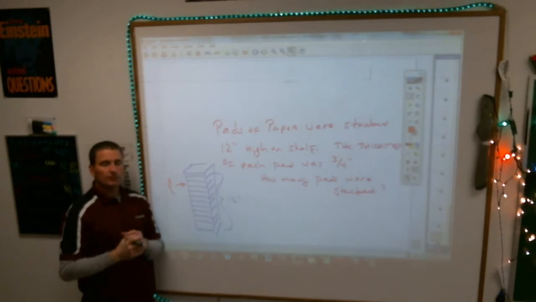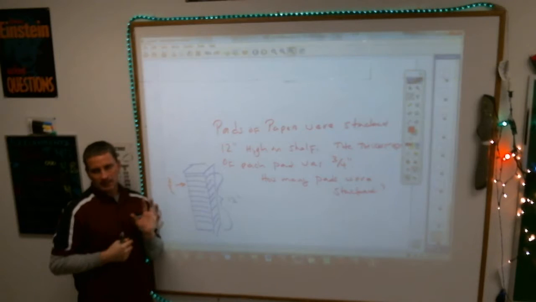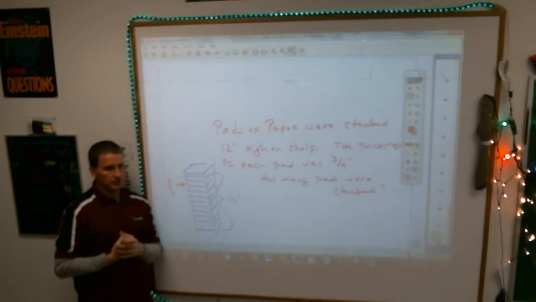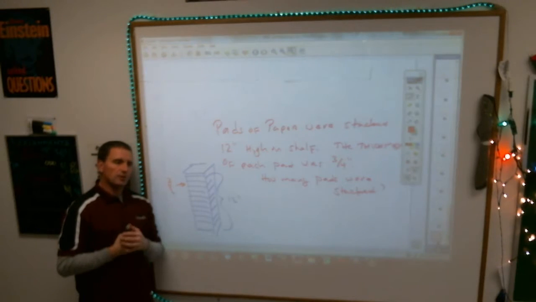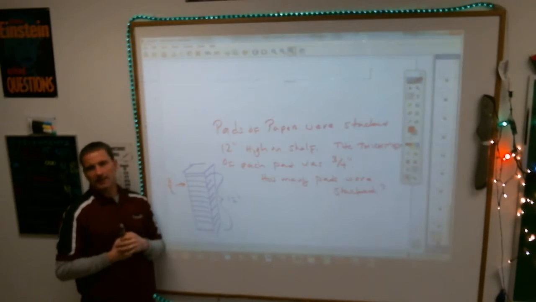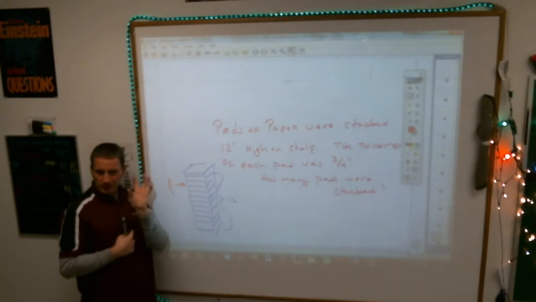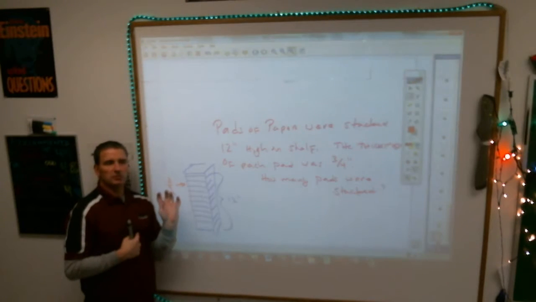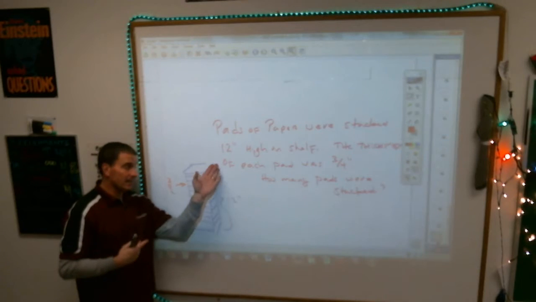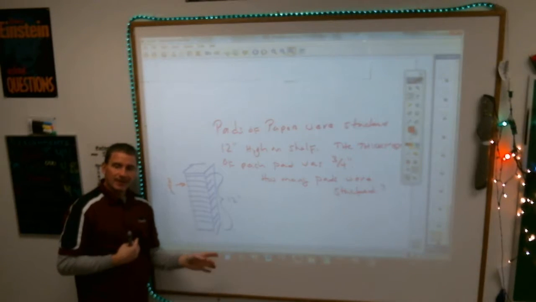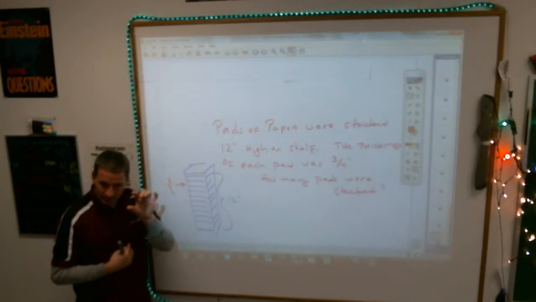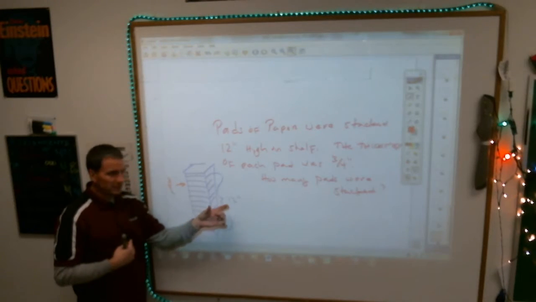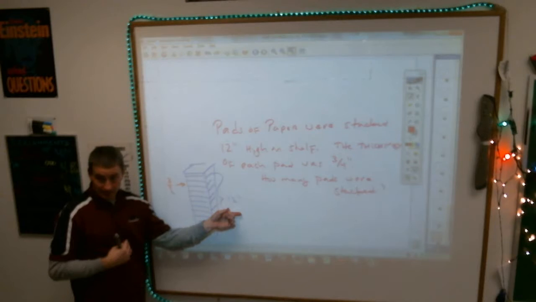Now listen to me. If you learn nothing from today, listen to this. People struggle with fractions, right? Just because they're not as easy to work with. So if you're one of those people, and I would raise my hand on that, what you need to do, people, is think about what process you would do by changing the fraction to a number. For example, if I said I had a 12-inch high stack of pads, and each pad was 2 inches high, how many pads would it take to make 12 inches, Tyler? 6.